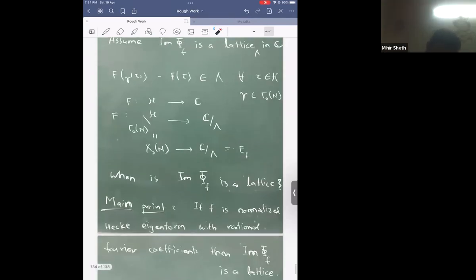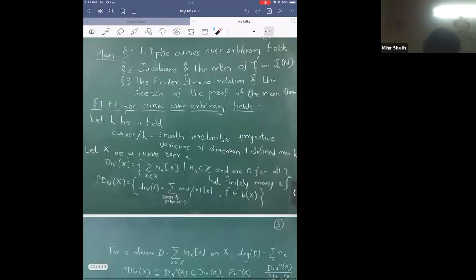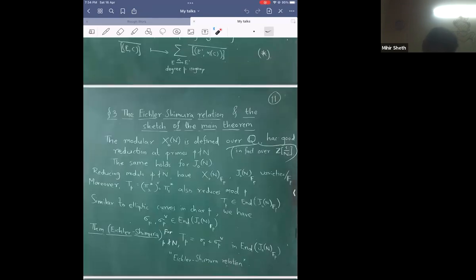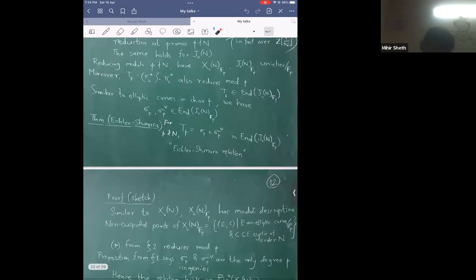For that, you have to realize this E_f as a quotient of the Jacobian attached to X_0(N). The Eichler-Shimura relation says that for this J_0(N), when you go modulo p, where p does not divide the level N, the Hecke operator at p is equal to the Frobenius plus its dual in the endomorphism ring of this Jacobian. So this is the Eichler-Shimura relation.